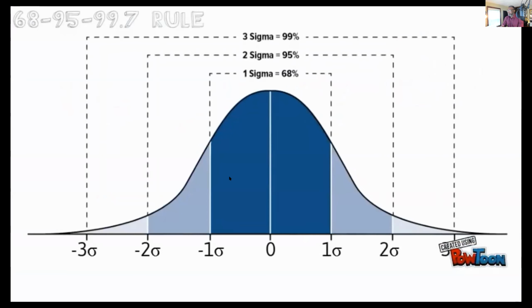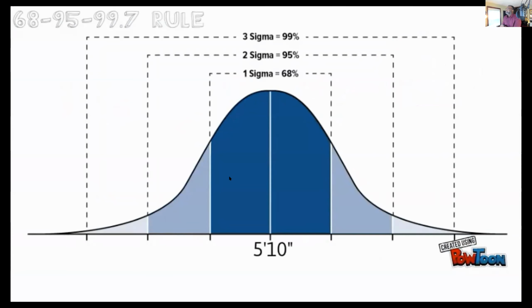The 68, 95, 99.7 rule tells us that about 68% of the data fall within one standard deviation of the mean. About 95% of data fall within 2 standard deviations of the mean, and about 99.7% of data fall within 3 standard deviations of the mean. The average height of an American adult male is 5'10", with a standard deviation of 3 inches.